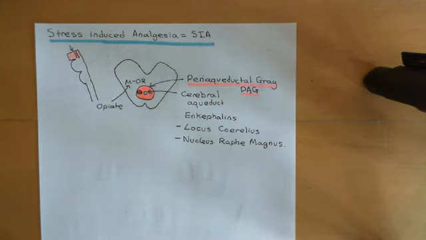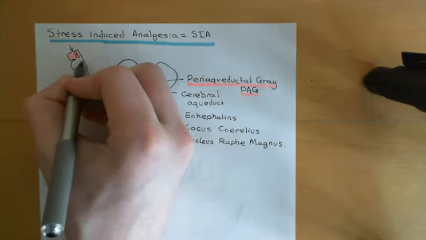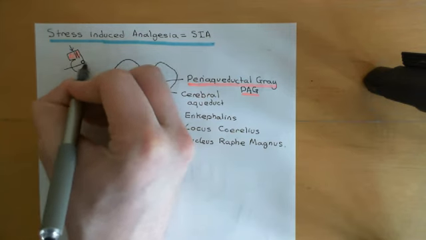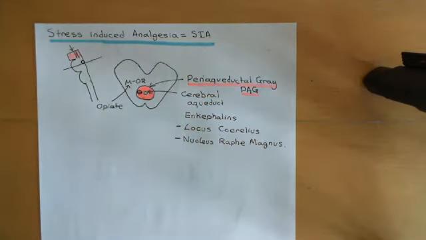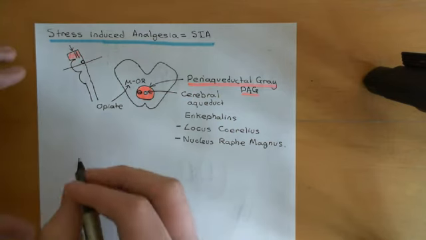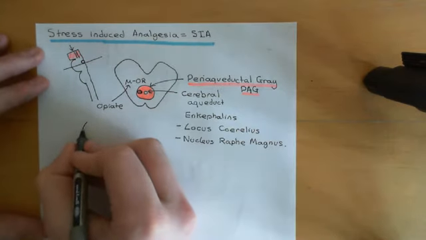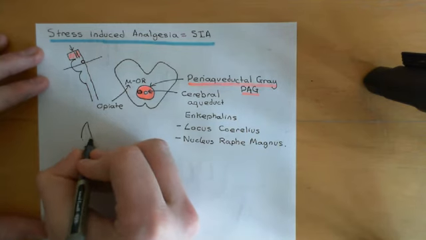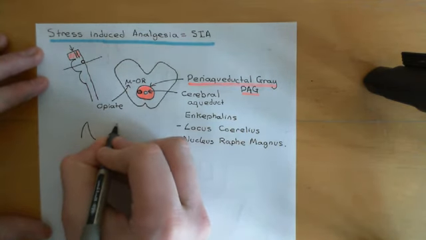The locus coeruleus, well, you have two loci coeruleus, really. You have a left locus coeruleus and a right locus coeruleus, and they are at the back of the pons at this sort of level here. So let's take a cross-section of the pons and have a look where the locus coeruleus is. If you take a cross-section of the pons, it ends up looking like this.